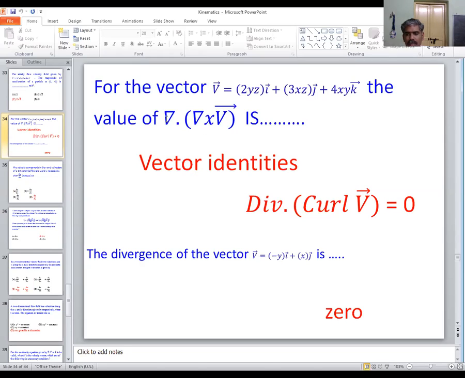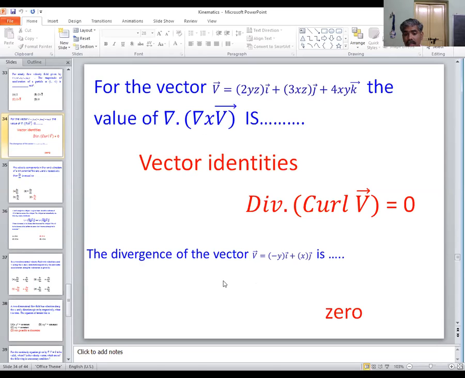The divergence has i vector dou by dou x, but the i vector has no x component, so dou by dou x of this quantity will be treated as a constant, so this becomes 0.